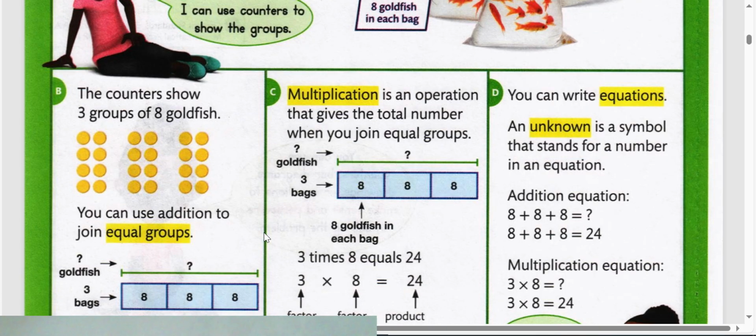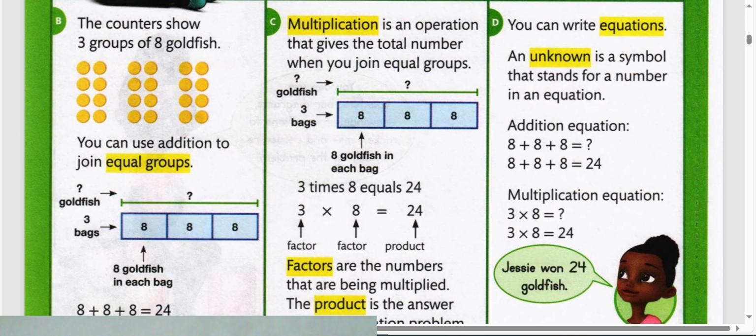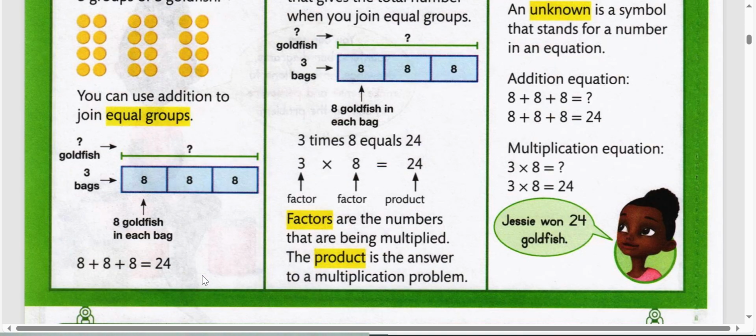We can draw 3 groups of 8 goldfish. 3 groups, 1, 2, 3, and in each one 8 goldfish. The total number, by using a bar model, we can divide into 3 parts and each part is 8. 8, 16. 16 plus 8 equals 24. So the answer here is 8 plus 8 plus 8 equals 24.